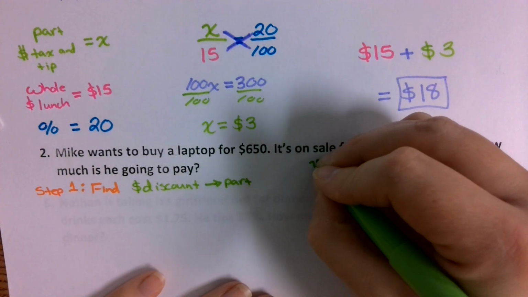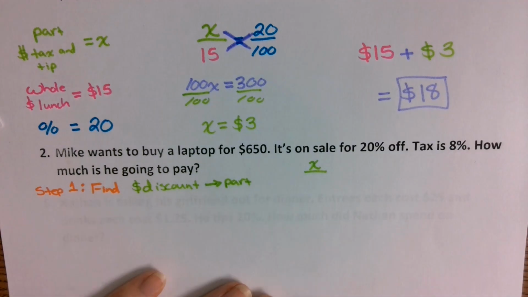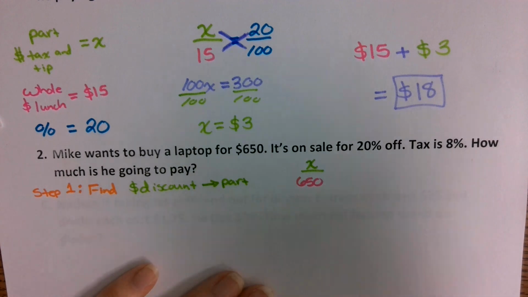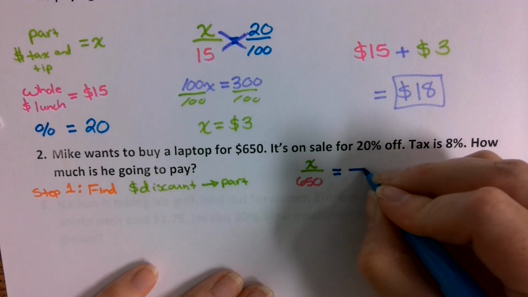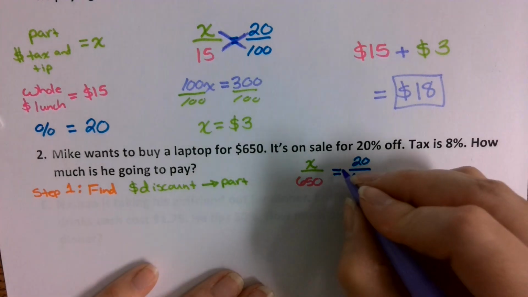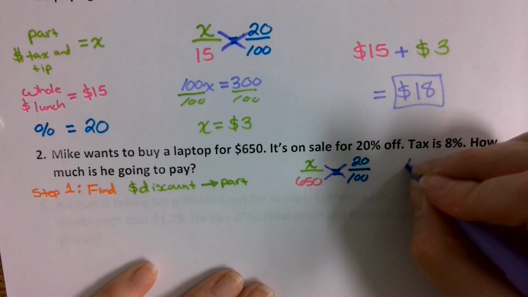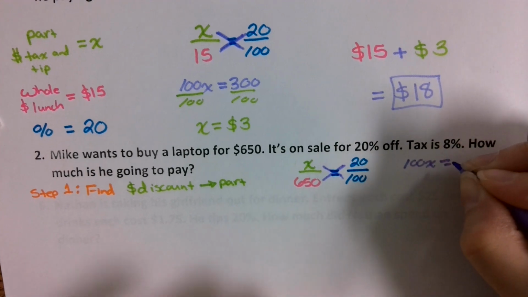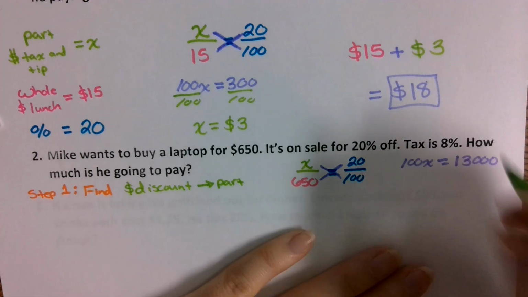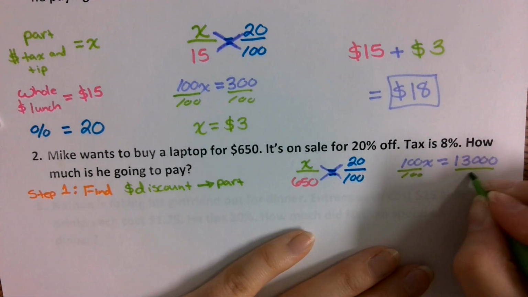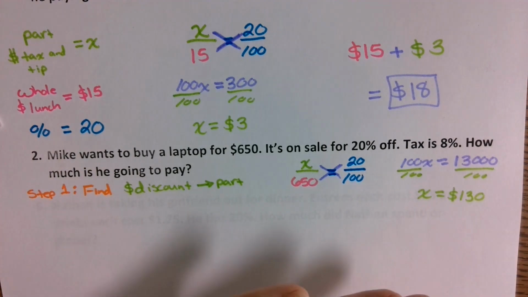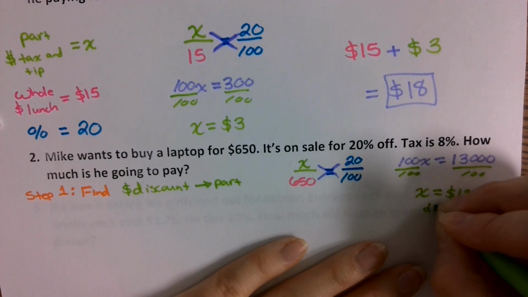So to do that, we're going to put X over what? 650 equals what? What's the percent? 20 over 100. Do our cross product. That gives us 100x is now equal to 13,000. You'll just divide both sides by 100 and get that x is equal to 130. Okay, that represents the discount off.